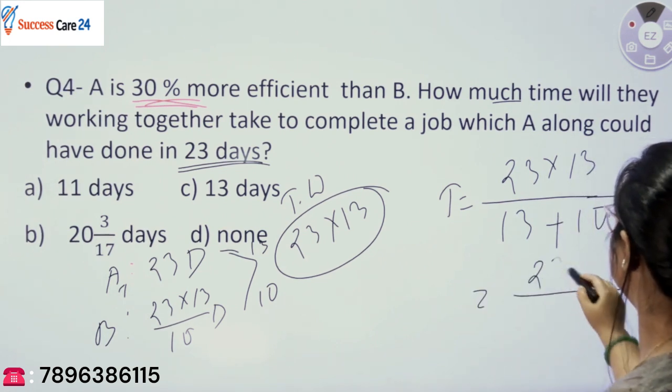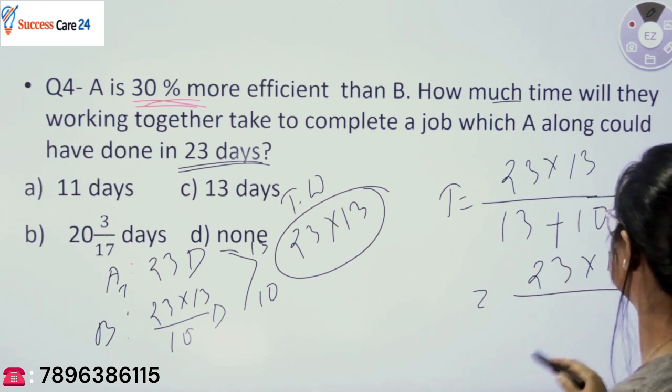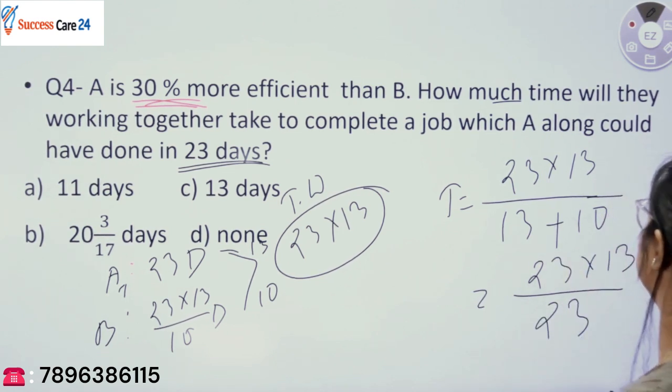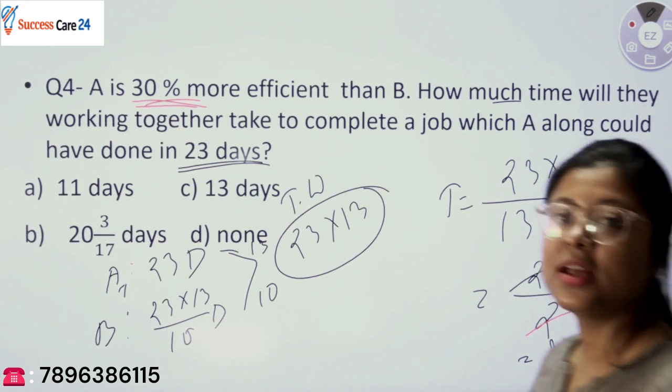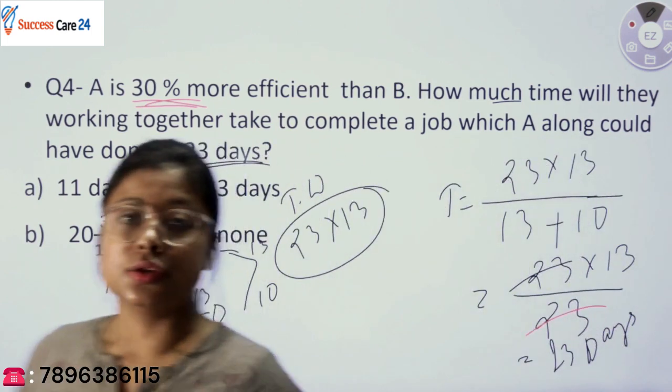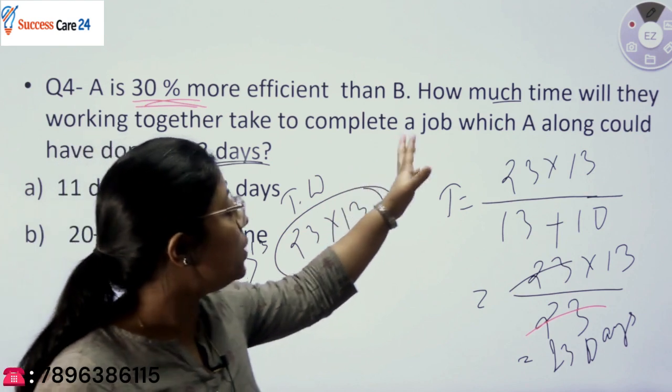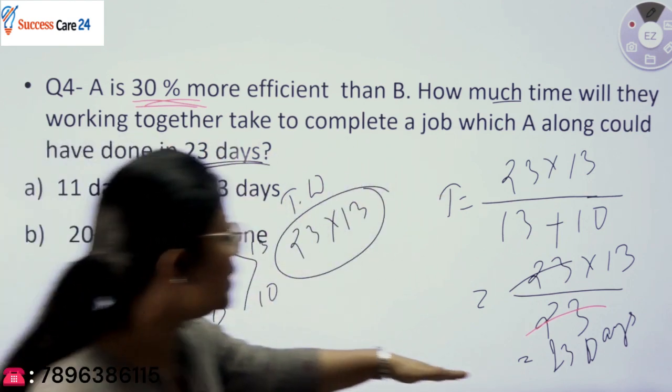So 23 into 13, and 13 plus 10 gives you 23. From here 23 will be cancelled out and you will get 13 days as the answer. So they will together complete the work in 13 days.